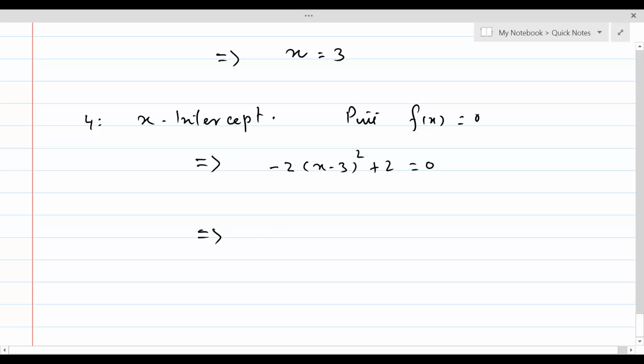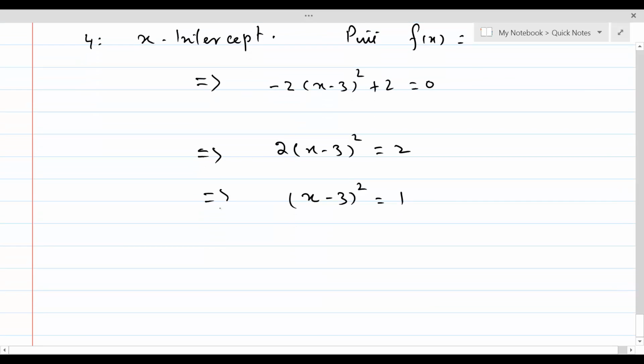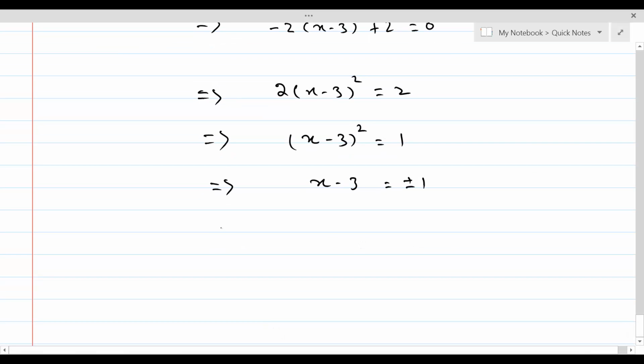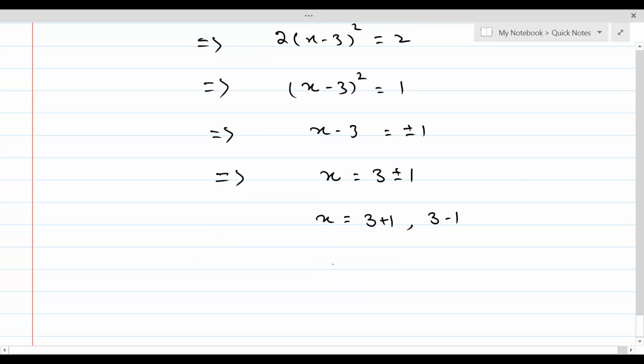This means 2 times (x minus 3) square is equal to 2, so (x minus 3) square is equal to 1. This means x minus 3 is equal to plus or minus 1, so x is equal to 3 plus 1 and 3 minus 1. That is x equal to 4 and 2.